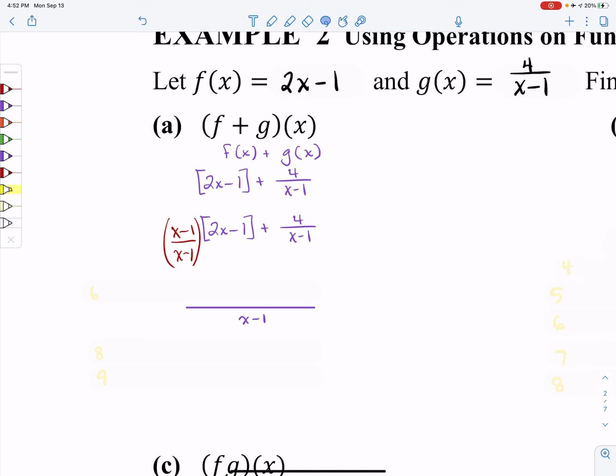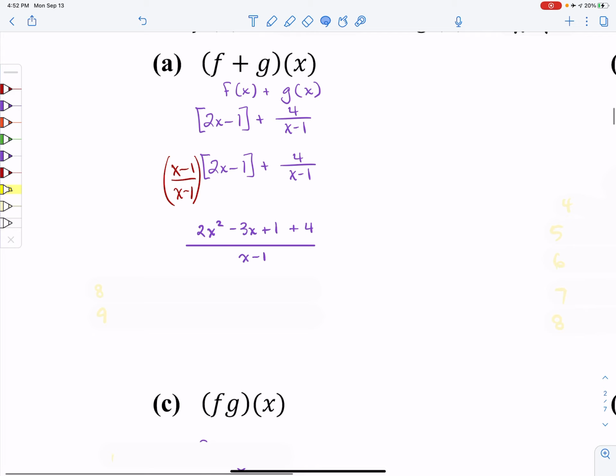On the top, what we'll want to do here is we need to FOIL. And then you'll notice at the very end is that same old plus 4 that I already had. Okay, so these first three terms, this is my foiling simplified. And then we'll combine like terms, which is only the last two terms, and keep my common denominator.